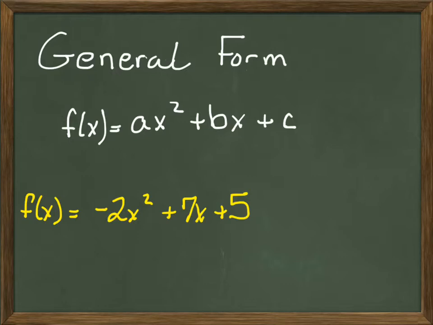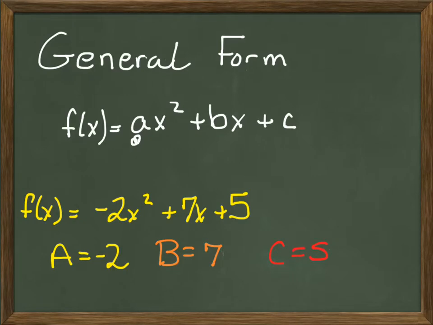The leading coefficient, which is the a, is in front of your highest power, which is the x squared. So in this problem in the bottom, our a is -2, our b is 7, and our c is 5.